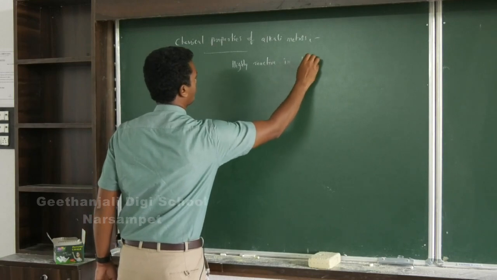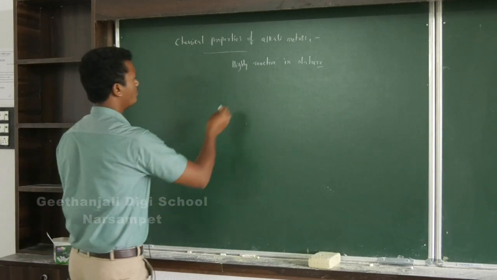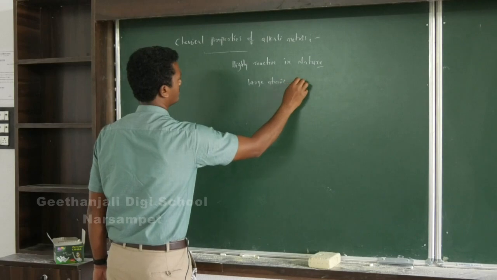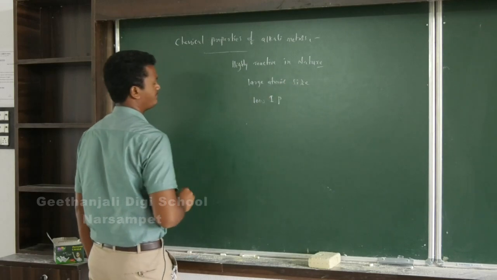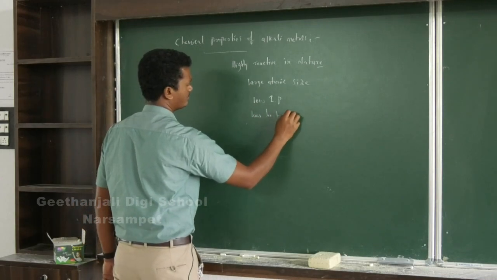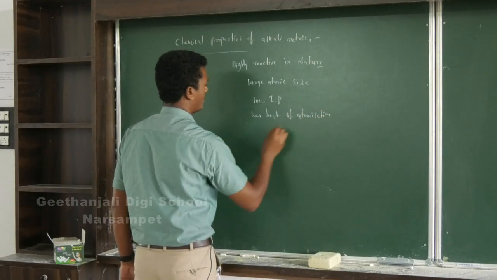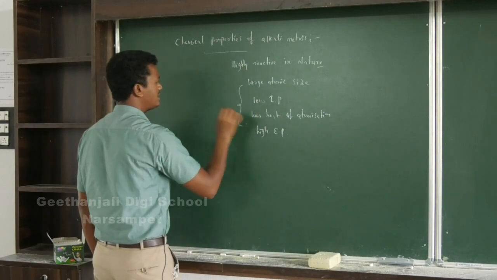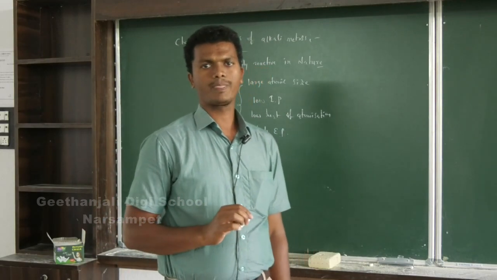The reactivity of alkali metals is due to large atomic size, low ionization potential, low heat of atomization, and high electropositivity. Due to these reasons, the alkali metals are highly reactive.